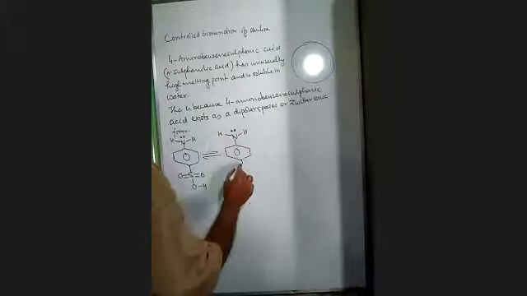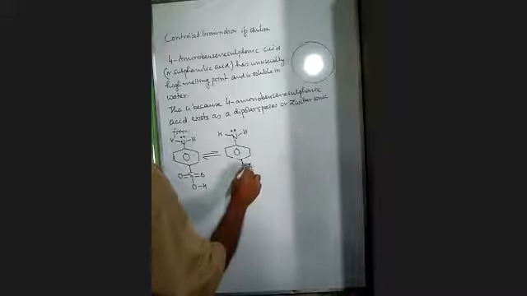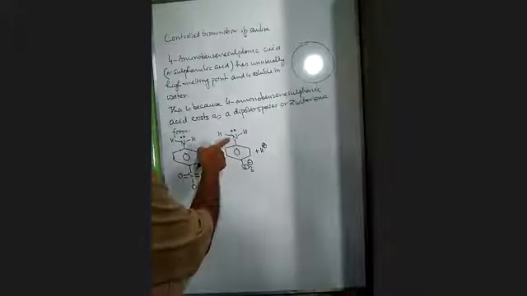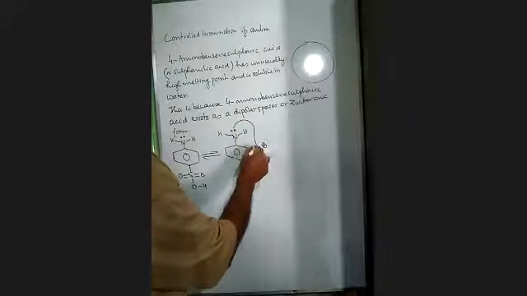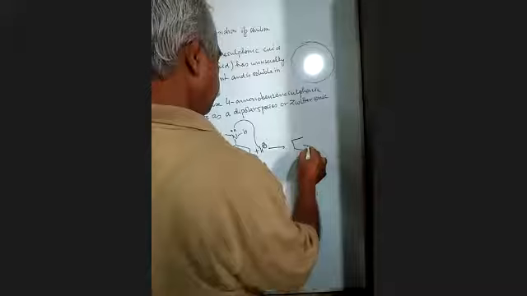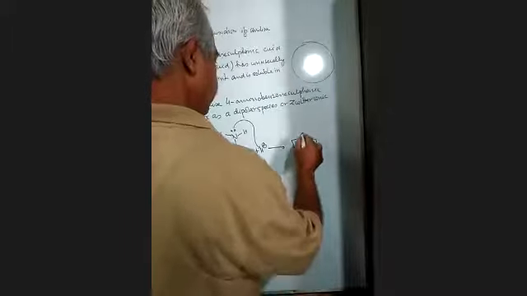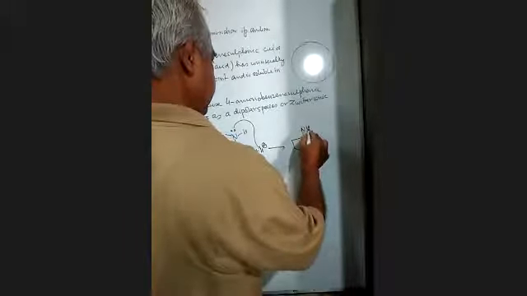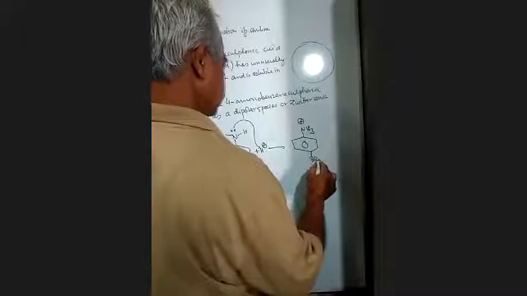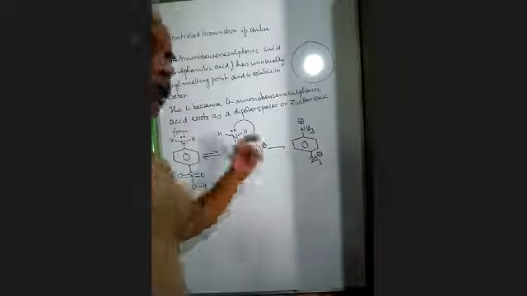In water it will happen. See. This lone pair will pick up this H, and what you will get now? You will get here NH3 plus and SO3 minus. In the same molecule, you have a positive charge and negative charge.